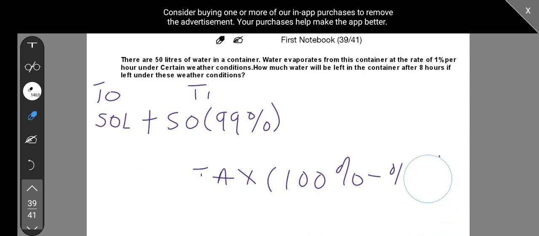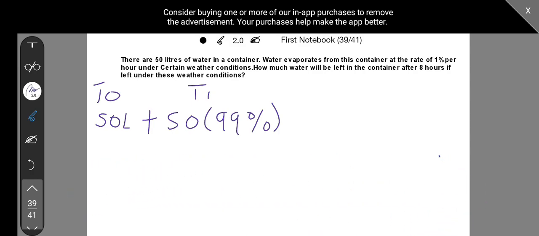Now we erase here and do the second one. After the second hour is T2. The initial amount in this case is now this one; the new amount from before.